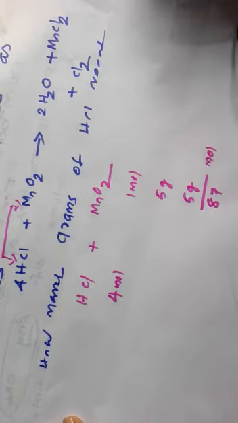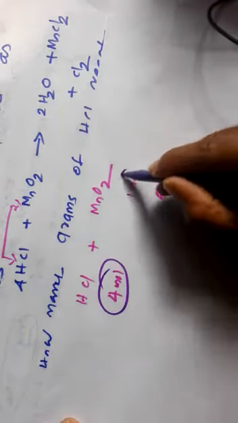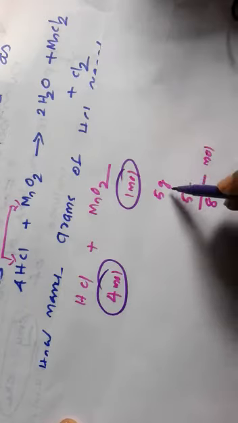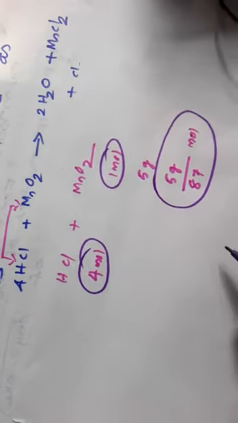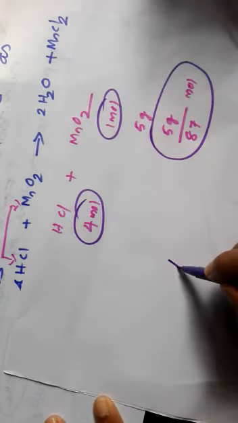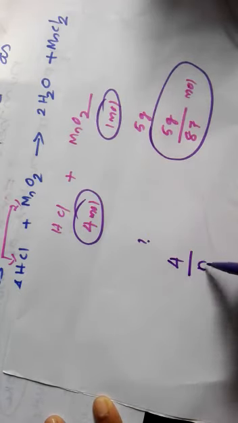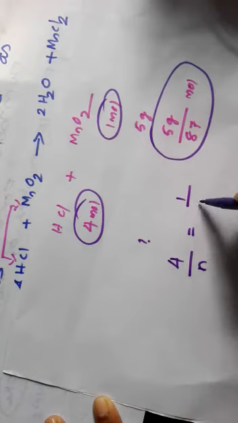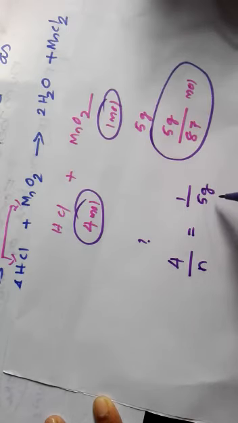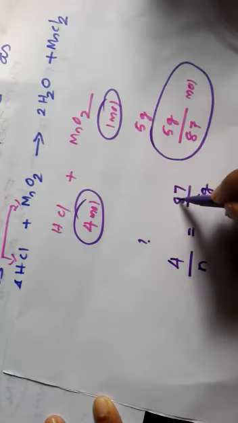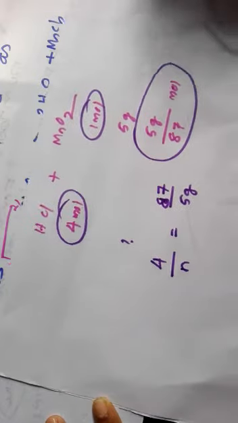Therefore, you have 4 mole, 1 mole, and 5 gram by 87 mole. Therefore, you can make a relation like this. 4 divided by how many moles? N is equal to 1 divided by 5 gram divided by 87. The 87 will come here.